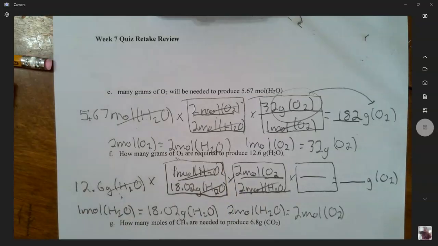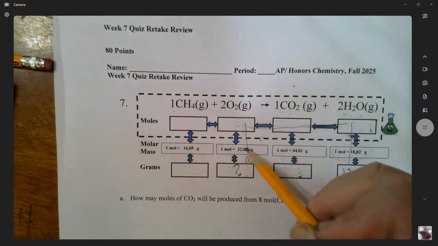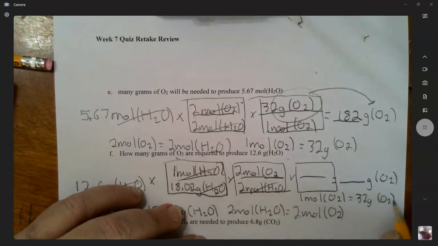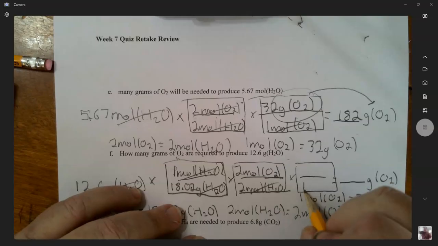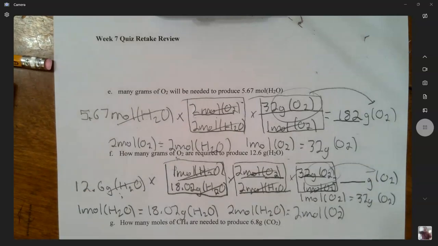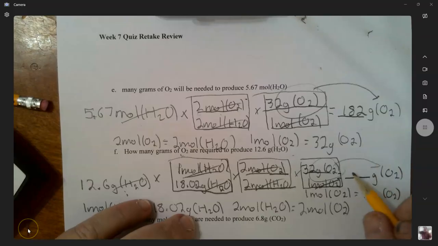Now we need to come out to get to our final answer from here down to here, so the box in between those two is the molar mass of oxygen. Moles of O2 is up here, so it has to be down here. Cancel and cancel. Grams of O2 is the last man standing, so it goes there. Multiply everything on the top, divide everything on the bottom, and we get 22.4 for our answer there.